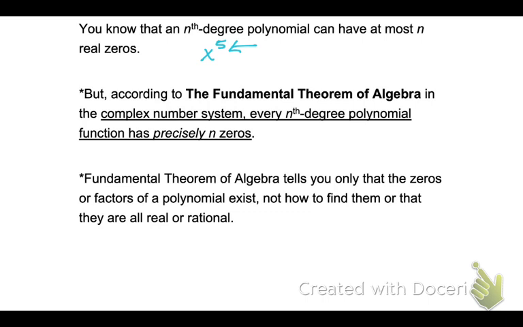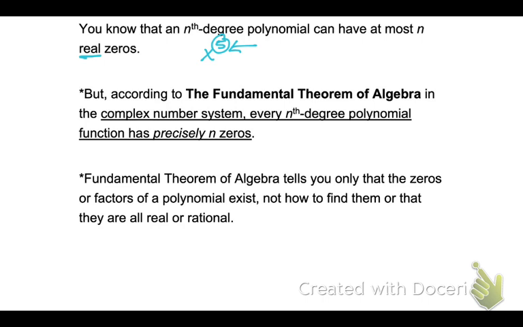But according to the fundamental theorem of algebra, when we have complex numbers in there, every polynomial has exactly n zeros. Now I left out what word? Real. Every polynomial has n zeros.